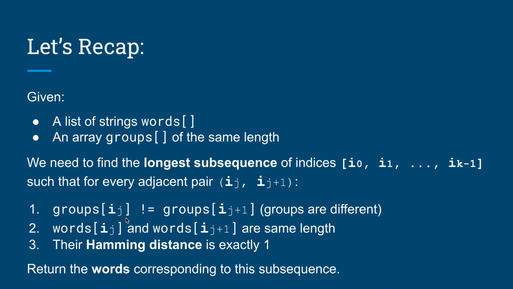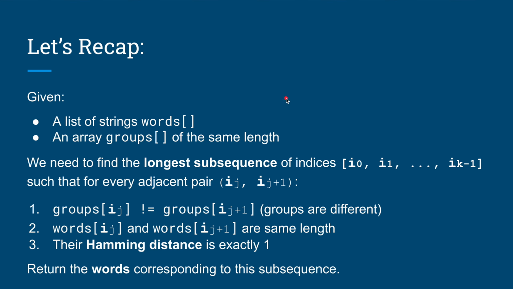Now it's time to recap the given things in the problem, right? So what have you been given? You are given a list of words, and a list, or you can say an array, of groups, both having the same length. So what is our task?